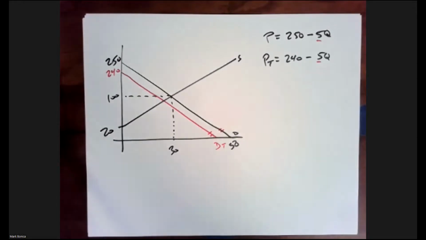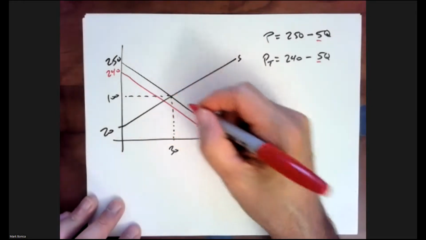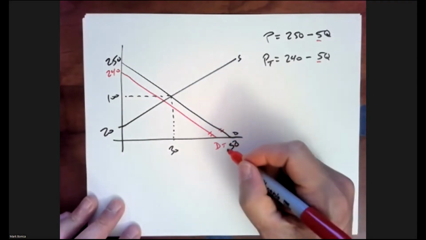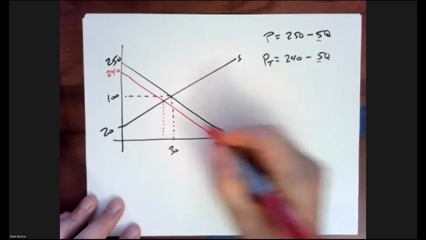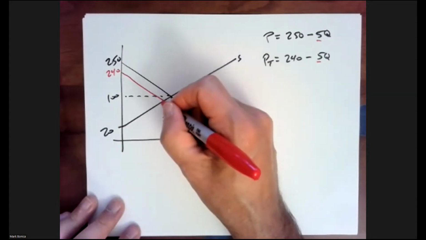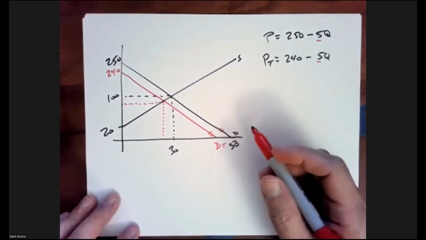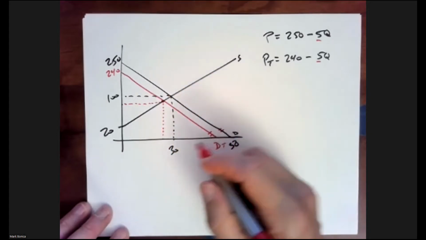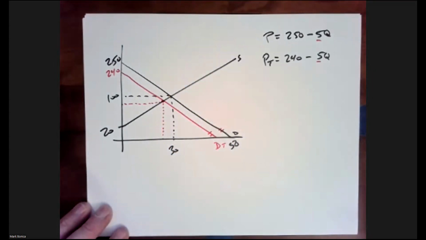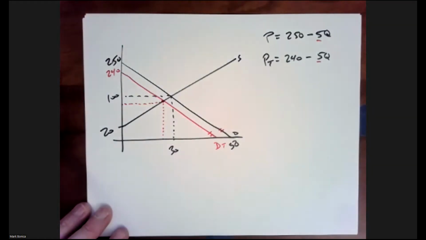So now when we go to figure out what the new equilibrium quantity is, we're looking where D tax crosses the supply curve. And that will be the new price that Morgana receives. But in order to figure that out, we've got to figure out this quantity, and then we can translate that quantity into a price.